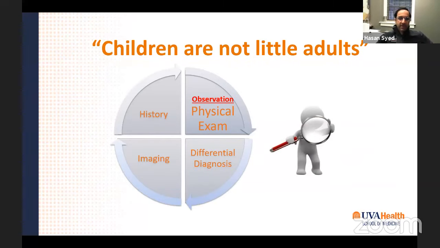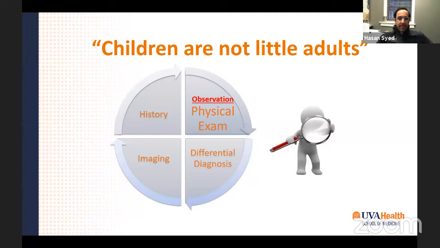So I think we've all heard this before, that children are not little adults. They have specific pathology that are different from adults, but certainly the same skills that we learn in terms of evaluating all neurosurgical patients can be applied to children with some caveats. And so anytime we see a patient, we think about the relevant history, the physical exam, but particularly in children, the concept of observation is really key.